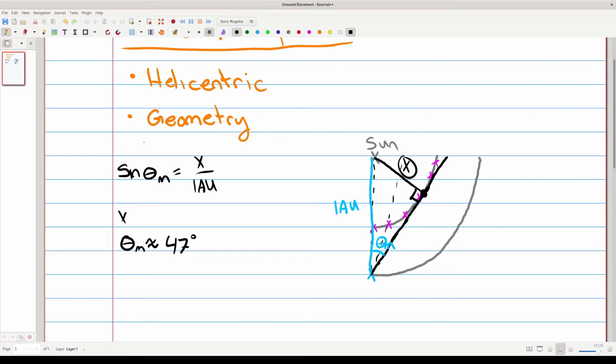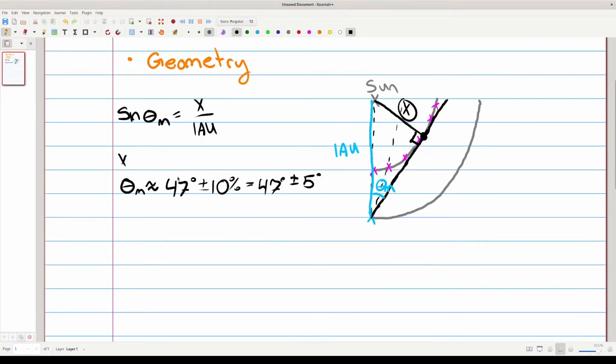And we're going to be pretty generous throughout all of this, so we're going to say we're not that great at making measurements, and that this is plus minus 10% of the true value. So we're not sure which way, but it's something. And if we write this as an absolute uncertainty, then this is 47 plus minus 5 degrees. Okay, so that's our first measurement we've made.